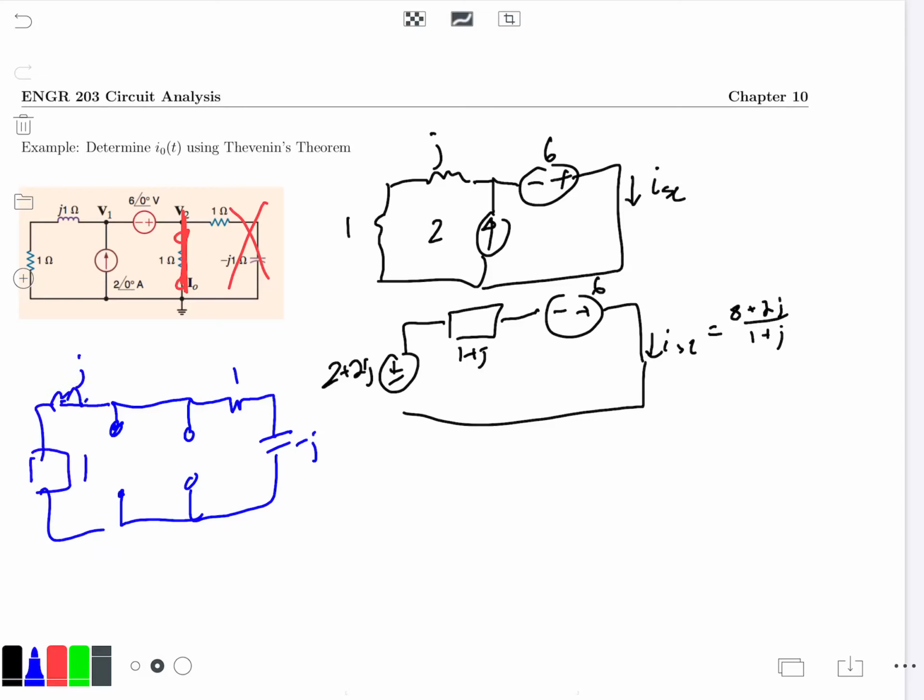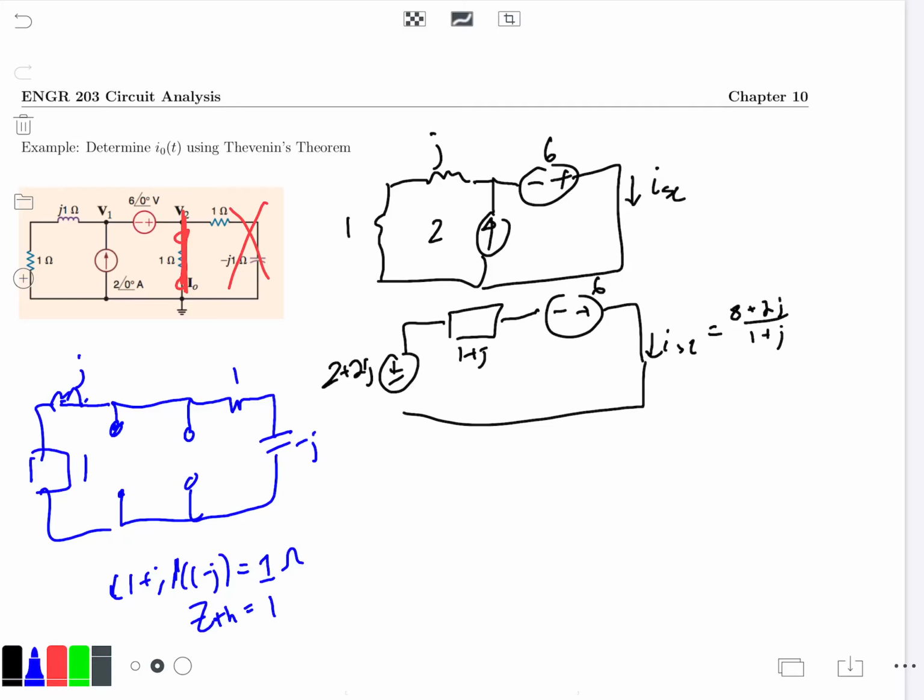If I look at this, it's just going to be the 1 plus J in parallel with 1 minus J, which we've seen before is just going to be 1 ohm. So that's my Z Thevenin here, not R anymore. My Z Thevenin is 1.